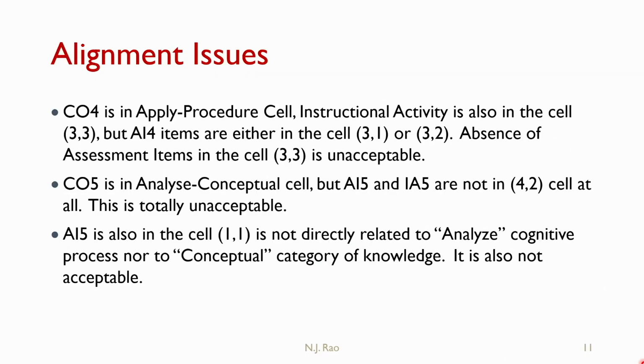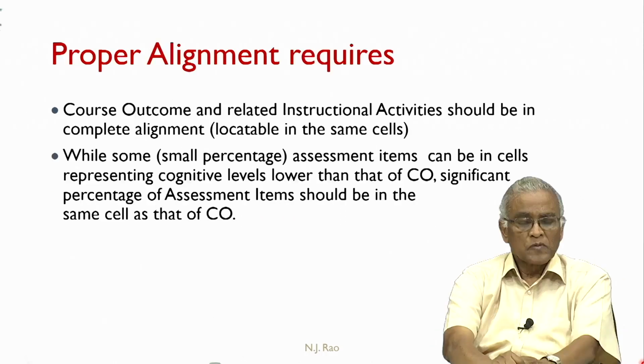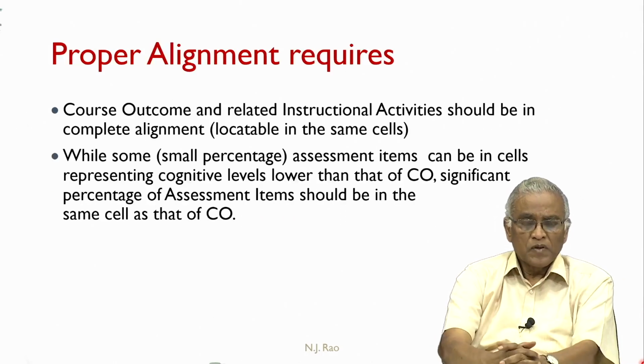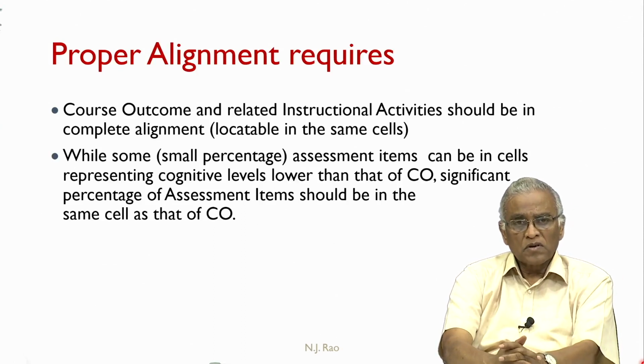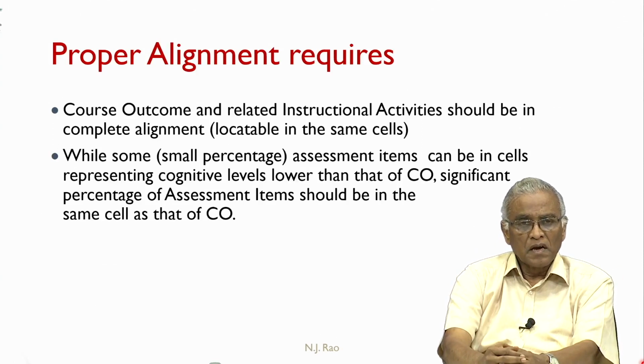Now, this is what we have explained about all the cells in the sample that was presented. First thing is, course outcome and related instructional activities should be in complete alignment, should be locatable in the same cell.